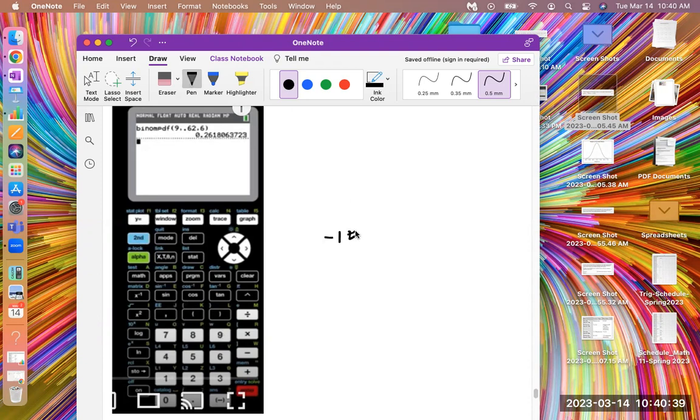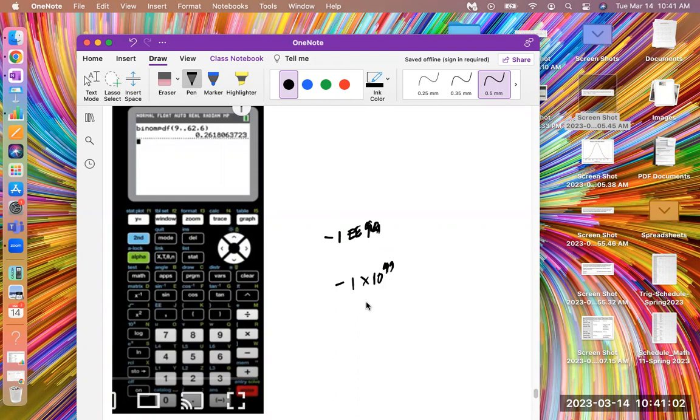-1 EE 99. Sometimes they just write -1E99, but they actually mean EE. I'm not sure why, but that's just the calculator shortcut for times 10 to the power, because this means -1 times 10 to the 99th power.